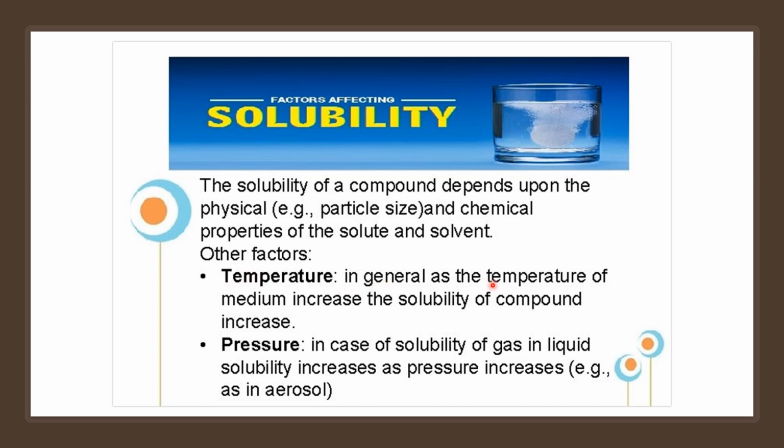In general, as the temperature of a medium increases, the solubility of a compound will also increase. Another factor is pressure. In the case of the solubility of a gas in a liquid, the solubility increases as the pressure increases. An example of this is in aerosols.